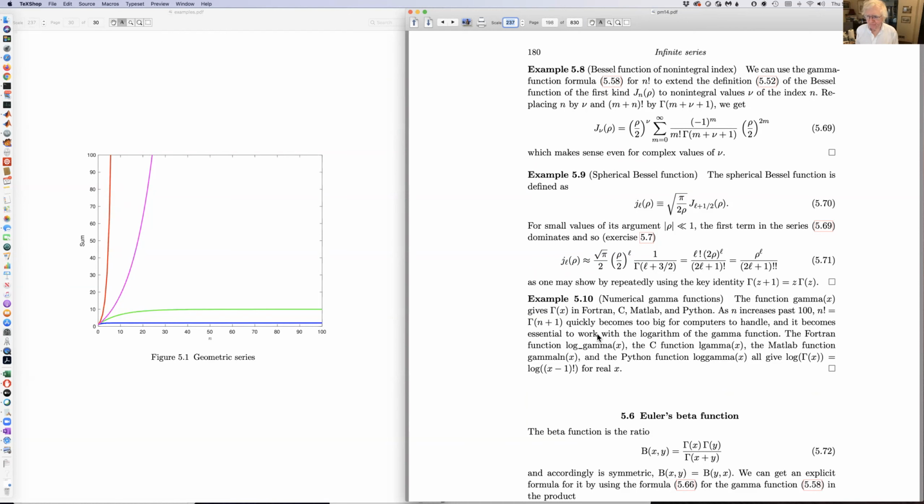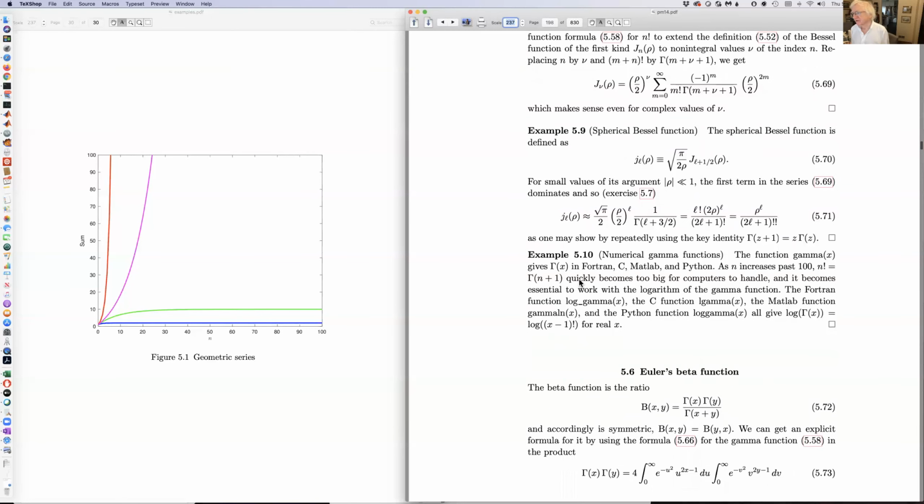There are various functions, log gamma, L gamma, gamma ln, log gamma in Python, and so forth. They all give log of gamma. That's something that the computer can calculate very quickly.